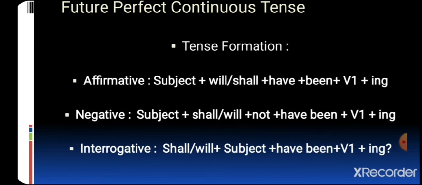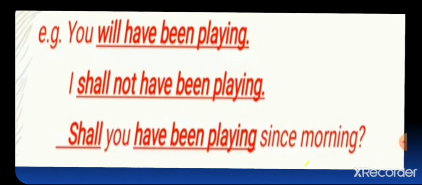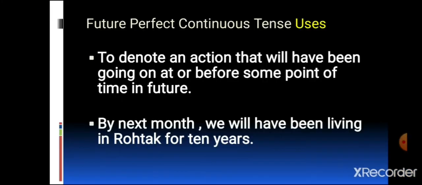Then students, for interrogative sentences, shall or will be placed before the subject. Then shall, will we can say, plus subject plus have plus been plus verb's first form plus ing. For example, students, you will have been playing. I shall not have been playing. Shall you have been playing since morning?